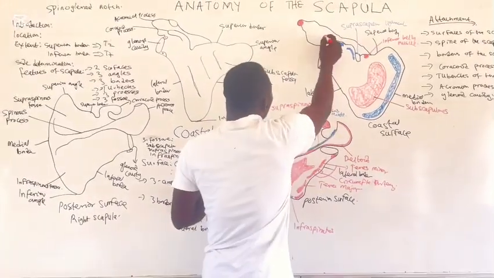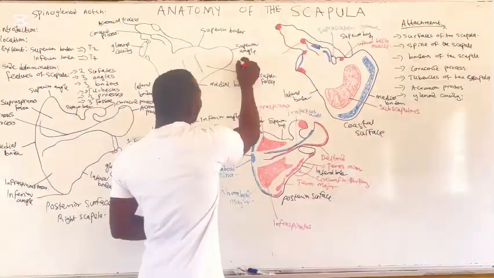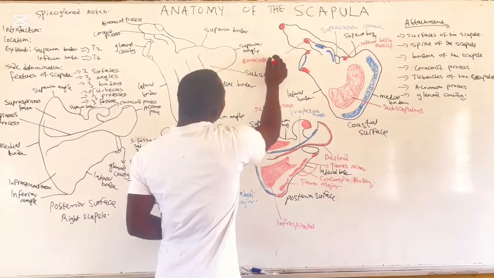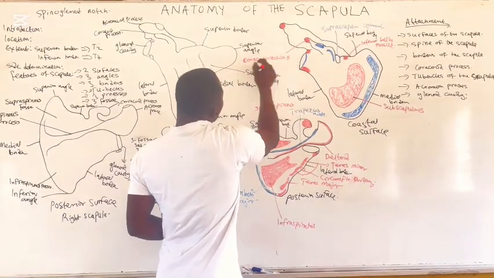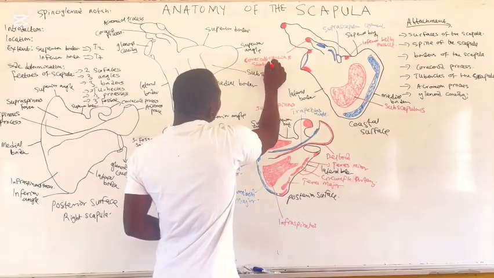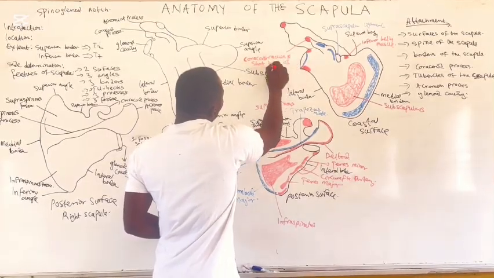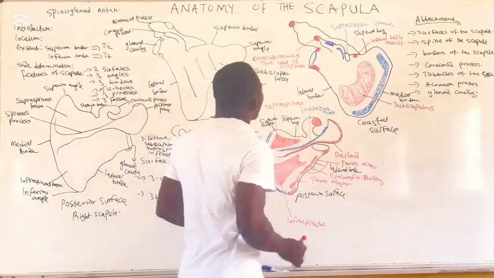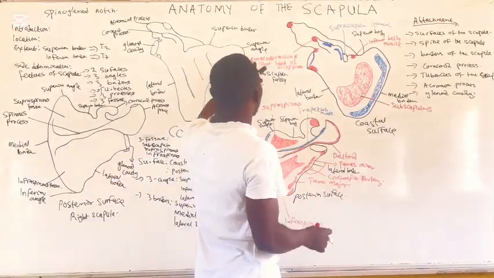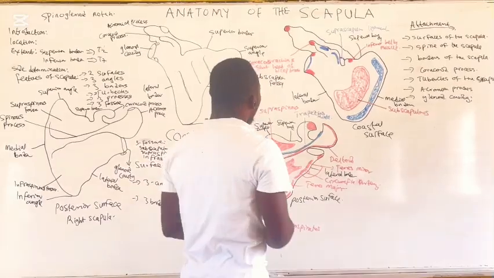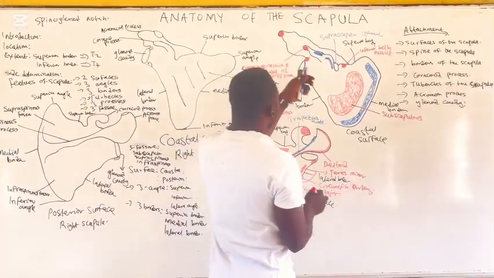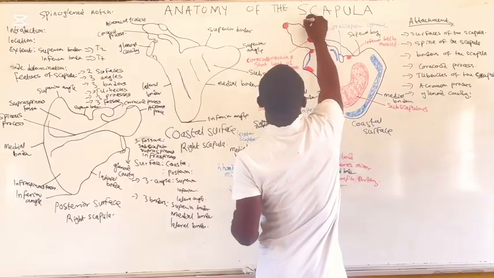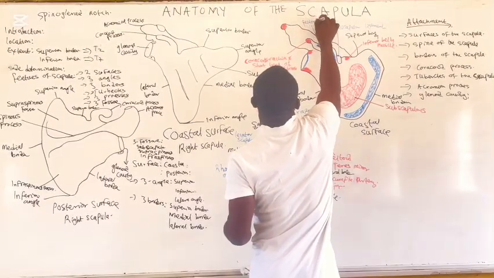It gives origin to coracobrachialis and the short head of biceps brachii. It also gives insertion to pectoralis minor.